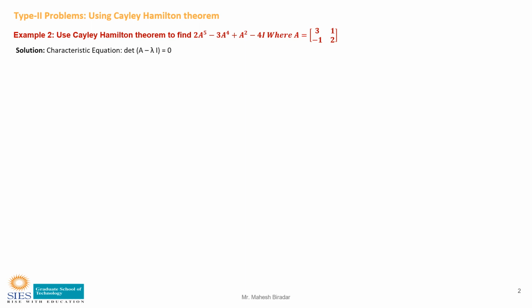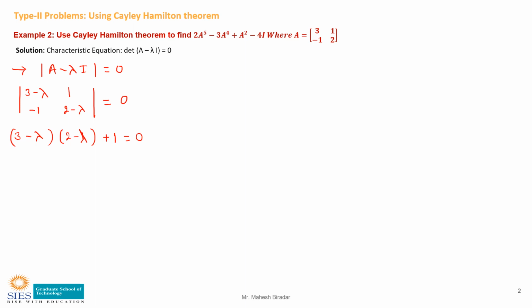So here, as you all know, to find the characteristic equation, we want determinant of A minus lambda I equal to 0. We need to solve this determinant. So if you solve this determinant, (3 minus lambda)(2 minus lambda) minus (1)(minus 1), and minus and minus becomes plus 1, equal to 0.